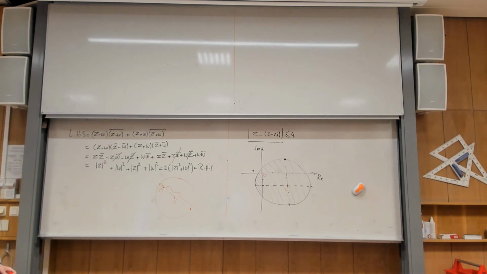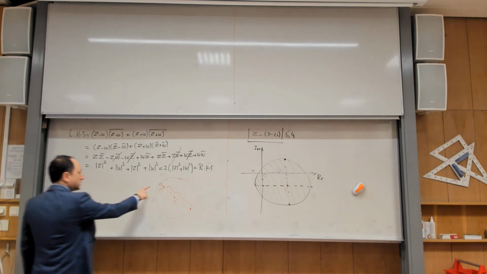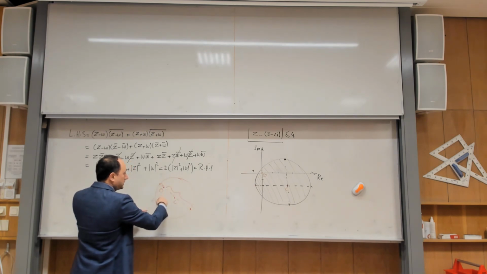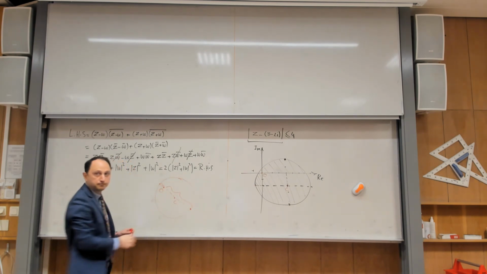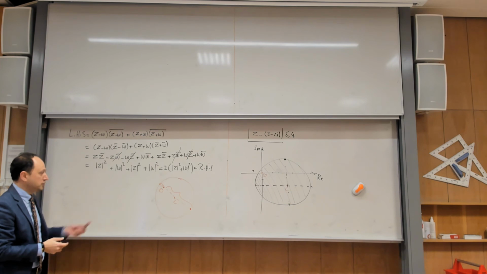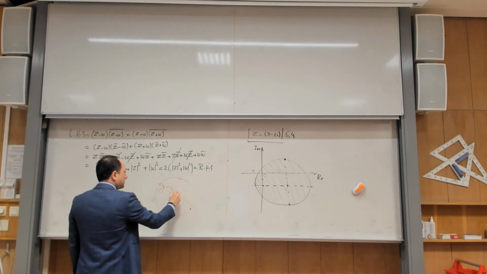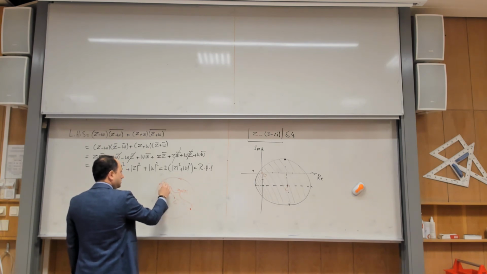Do you understand that? This is the shortest distance, this is the longest distance of a point on the rim to O. Yes, of course you can prove it, but I think intuitively it is clear. So it means that this is the maximum of Z. This part is the minimum of Z.